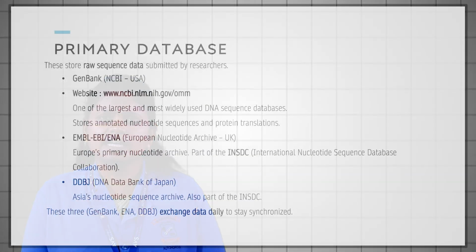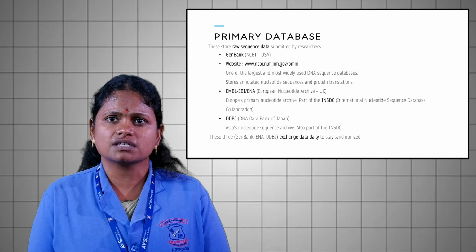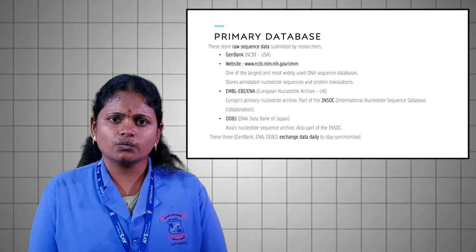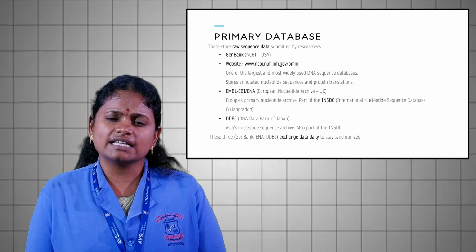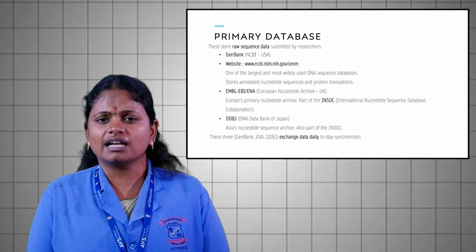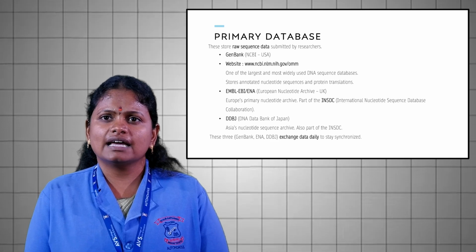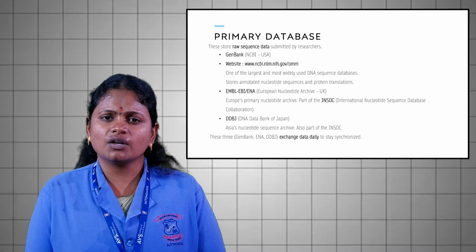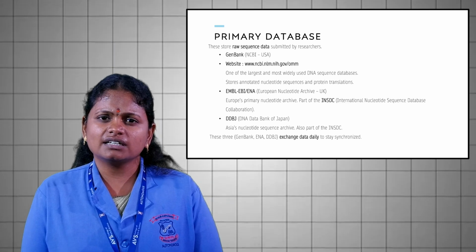Next, primary databases. Primary databases are the raw sequence databases: first GenBank, second EMBL and DDBJ. The NCBI website is www.ncbi.nlm.nih.gov/omics. EMBL is the European Molecular Biology Laboratory, using European biological technology.